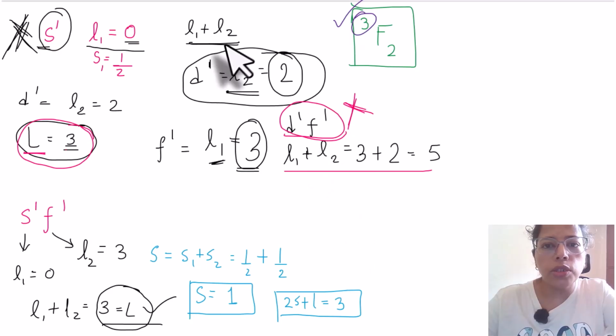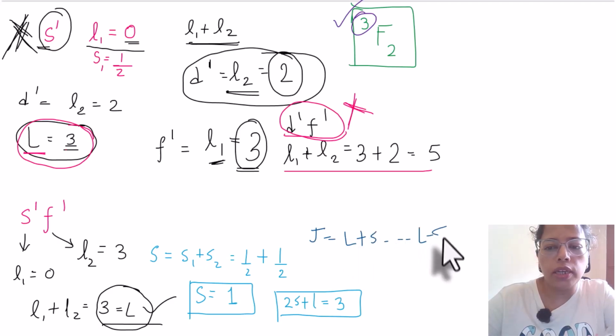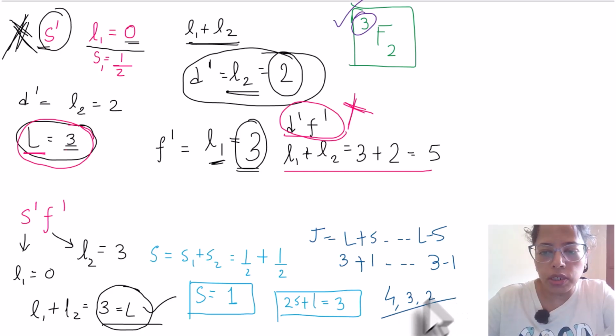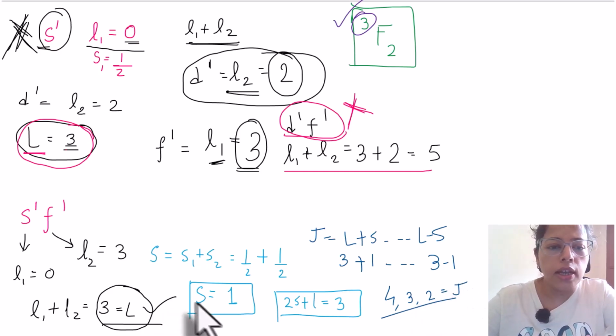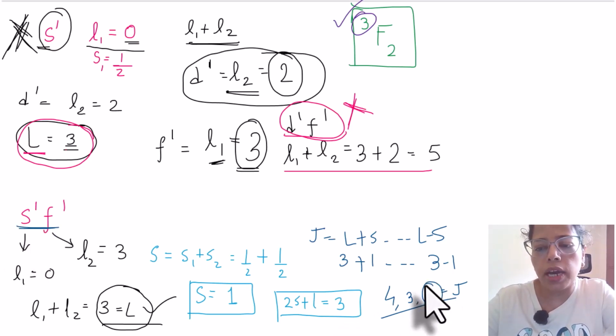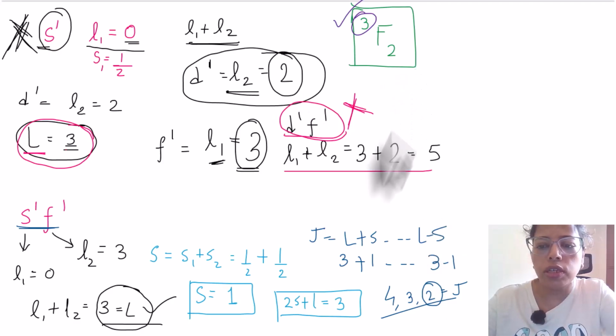Now coming to the J value. So J is L plus S to L minus S. L is 3 here, S is 1 here, and then 3 minus 1. So here we get 4, 3, 2, three possibilities for J value, and since both the S and F orbitals are less than half filled, the least value of J will be applied for the ground state term. So the J value for the S1 F1 combination is 2.